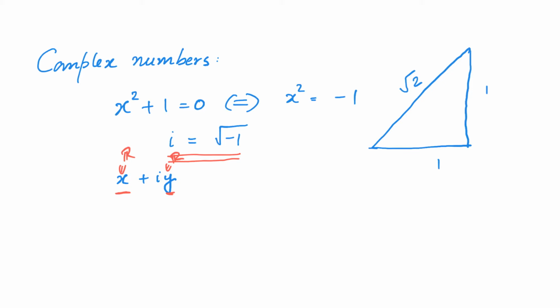People were interested in finding the roots of cubic polynomials. In other words, they were interested in finding real numbers x which satisfy the equation ax cubed plus bx squared plus cx plus d is equal to 0, where a, b, c and d are all real numbers. So there is no complex number at this point.